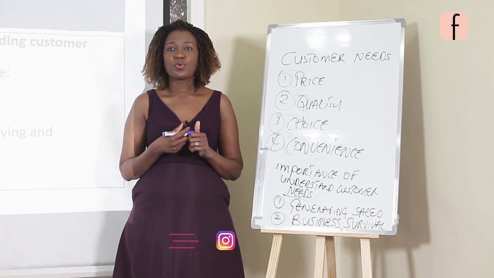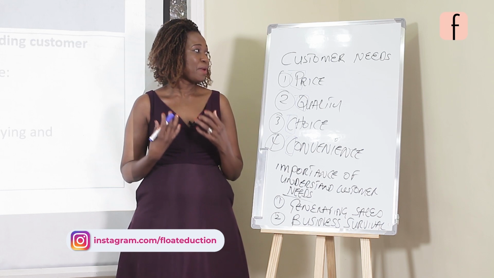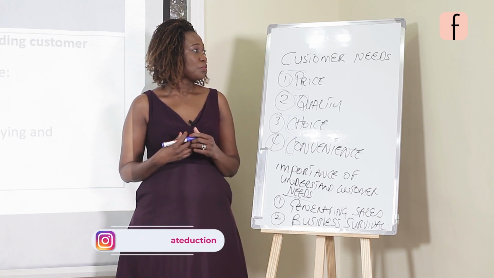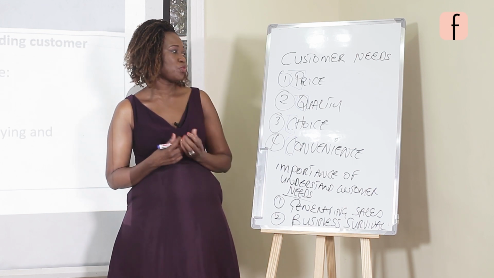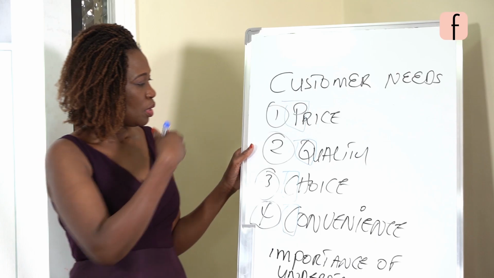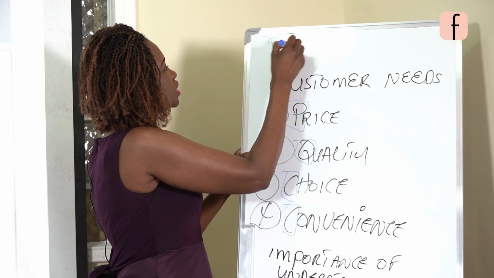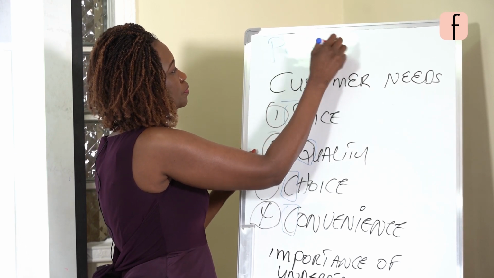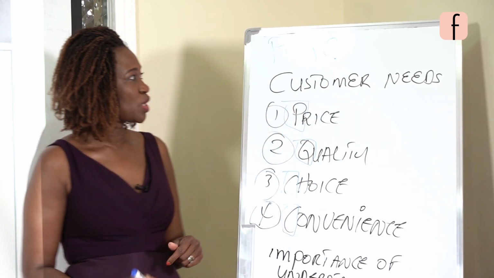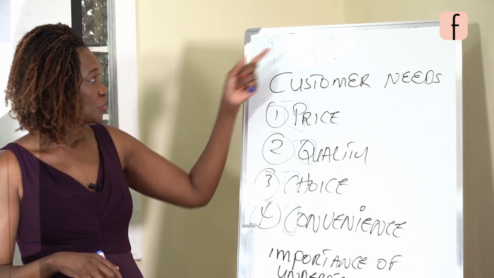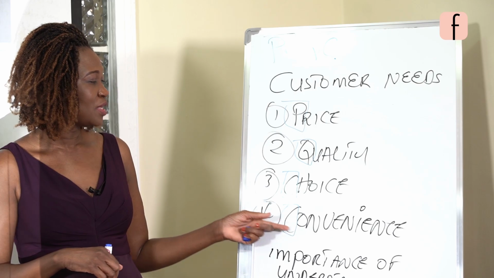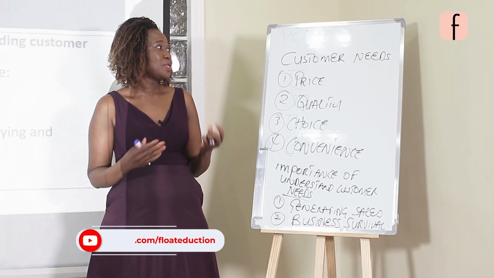When we're looking at 1.2.1, how will you remember this? One way to remember it is, we're looking at customer needs, four main things we need to remember. So, how do we remember it? PCQC. P, we're talking about price. The C is your choice. The Q is your quality, and the next one, convenience.